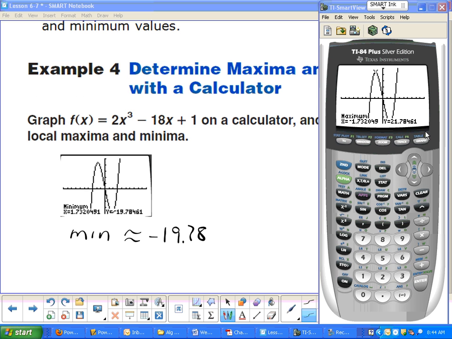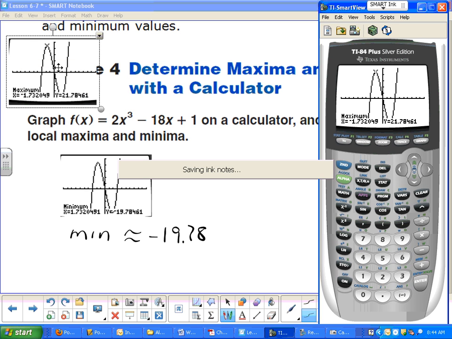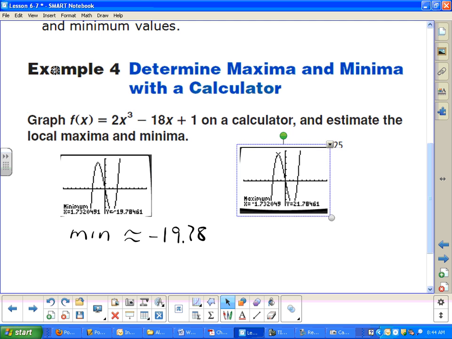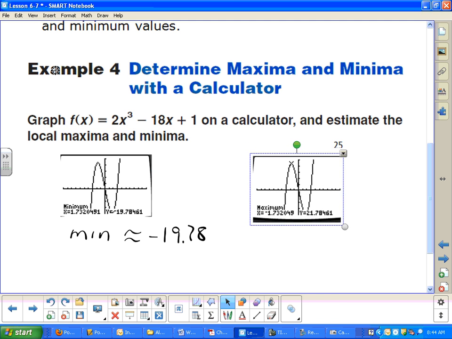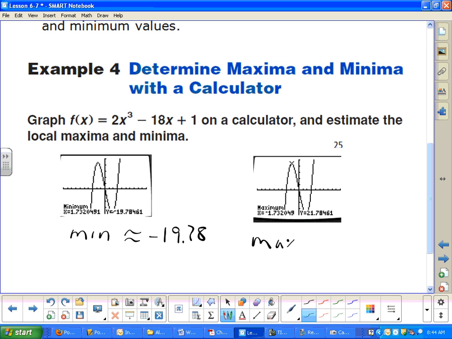Here's what the graph looks like for the max. So I would say the max is approximately 21.78, and that would be my answer. So the minimum, that number, and the maximum, that number.